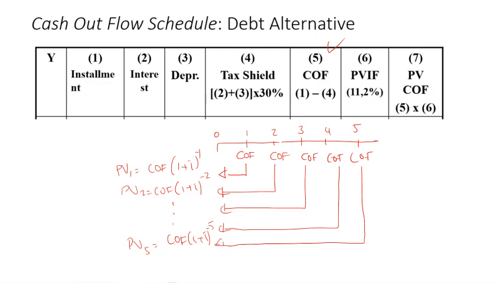So this is the PVIF, meaning (1 plus i) to the power minus n, and this is the result of PV, which is PV1, 2, up to 5.